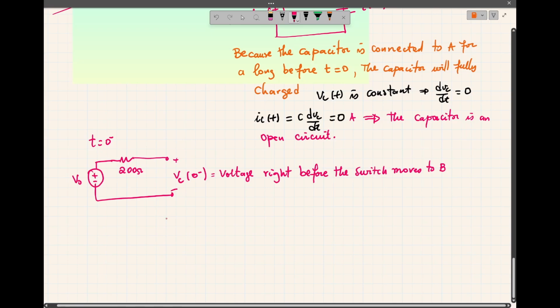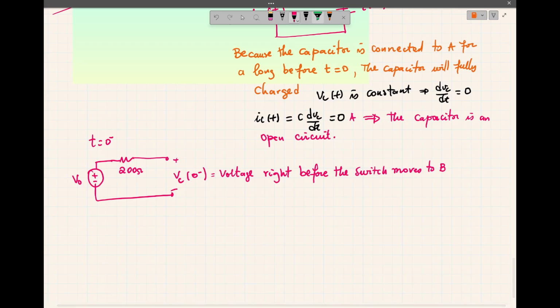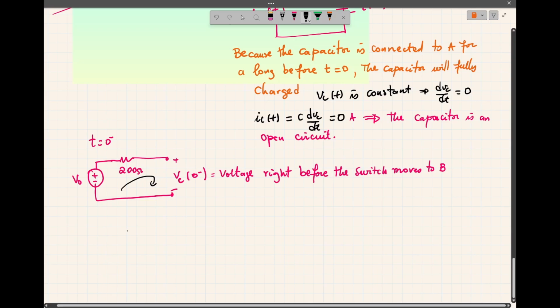So this implies that V0 equal to Vc of 0 minus, but let's write KVL to justify that. When I write KVL, I have V0 equal to R times i, that's Ohm's law, plus Vc of 0 minus.